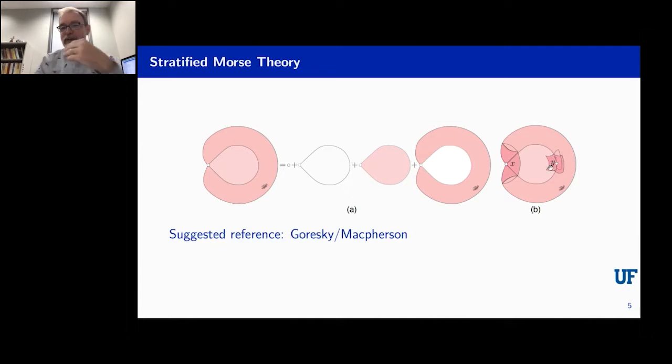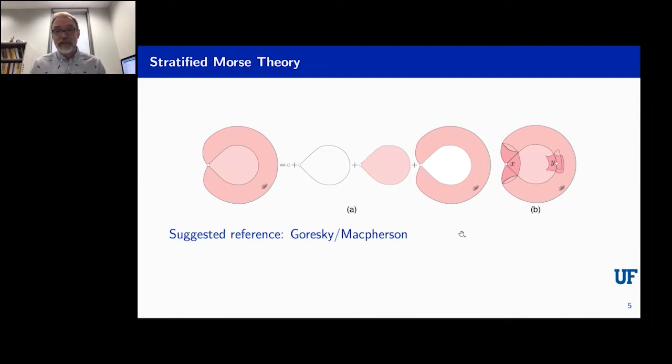And the local neighborhood is like three sheets coming together with a singular arc in the middle, like a Y-shaped thing. This example will come up later. I'll talk about this a little bit more in the discrete setting. Okay, and so Goresky and MacPherson have this very long argument. It takes like 75 pages to prove what goes on with this local data.